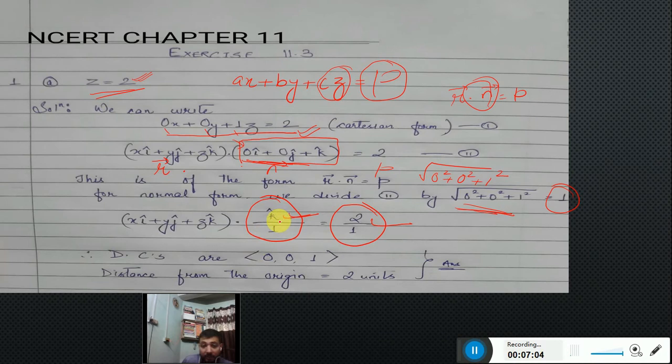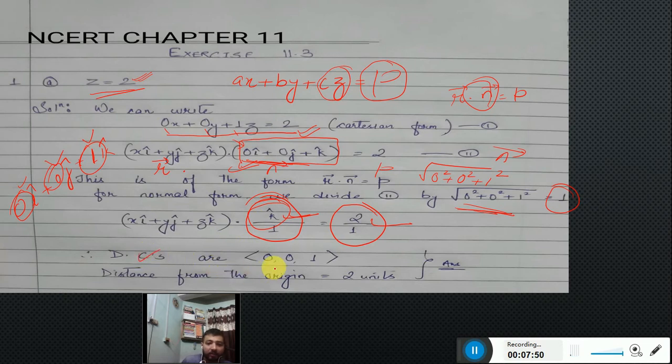Now if you write this vector, which is 0 i cap plus 0 j cap plus 1 k cap, right? So these should be the direction cosines. Previously they were direction ratios when it was the n vector. Now they became direction cosines.